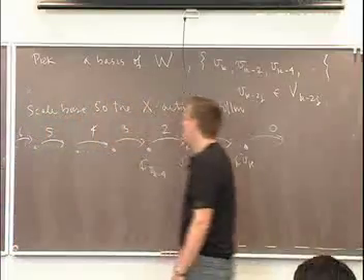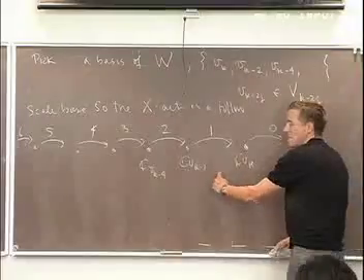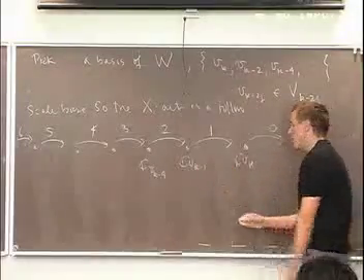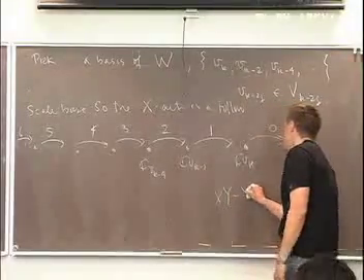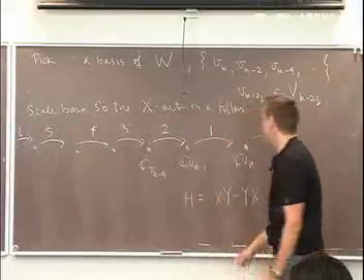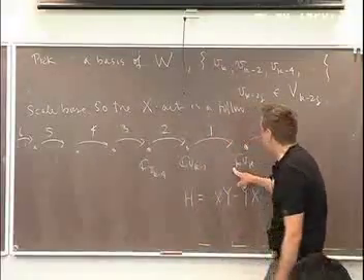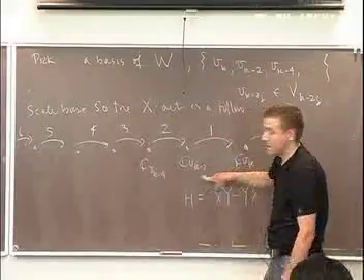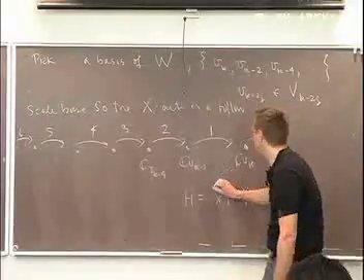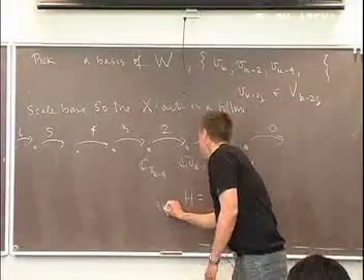Okay. And then I simply use my commutation relation to figure out what these numbers have to be. So xy minus yx is equal to h. If I apply that to vk, I figure out what this has to be.